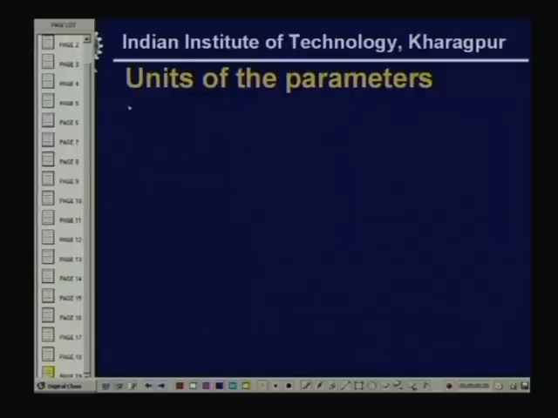For example, let us consider first amplitude. It is in volts, but sometimes the voltage can be very small.